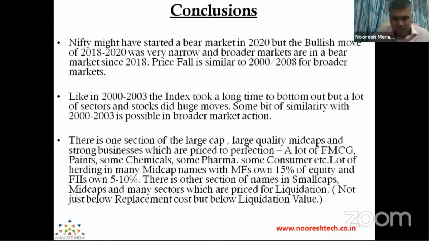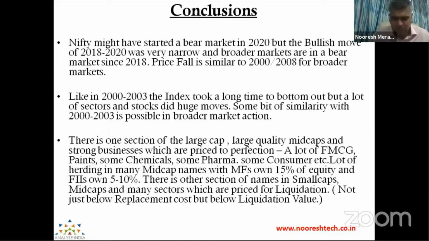There are two distinctions nowadays. A lot of large caps and quality mid caps, strong businesses, are priced to perfection. When I say a lot of FMCG, paints, chemicals, and some pharma companies, not all, are priced to perfection, they're quoting at 6x to 12x sales, at 50 to 80 times P, and the growth will not be commensurate.